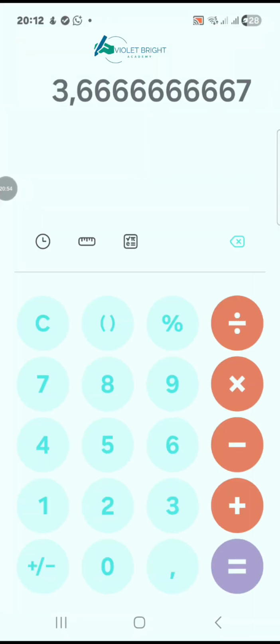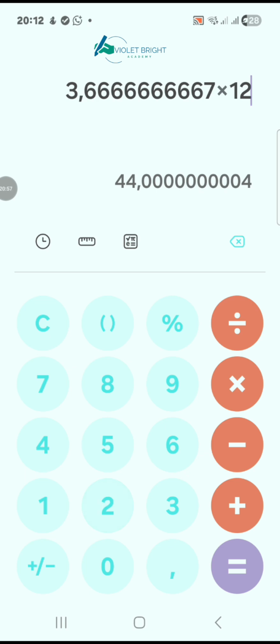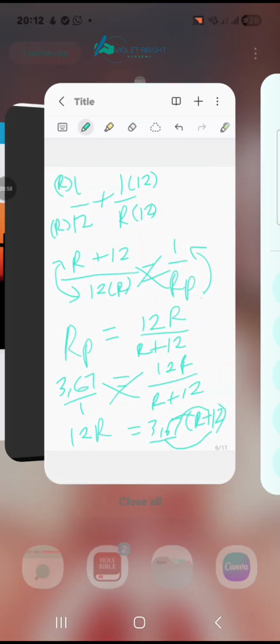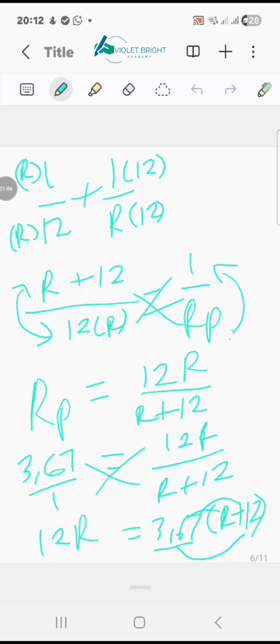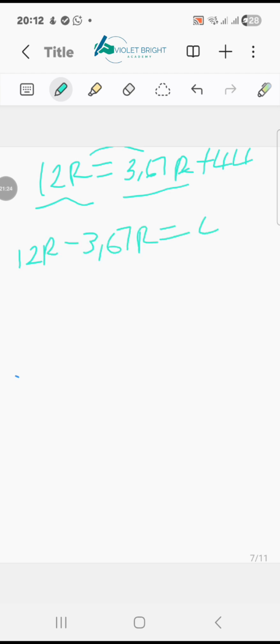The answer multiplied by 12 is 44. So now our answer is 3.67r plus 44. Our like terms are everything that has an r, so we take this to the other side. It's going to be 12r minus 3.67r is equal to 44.